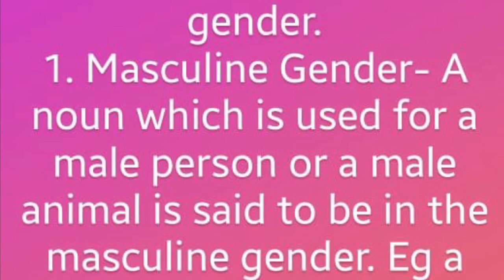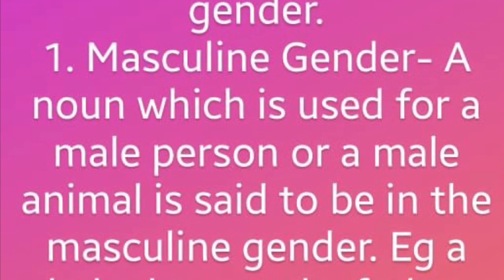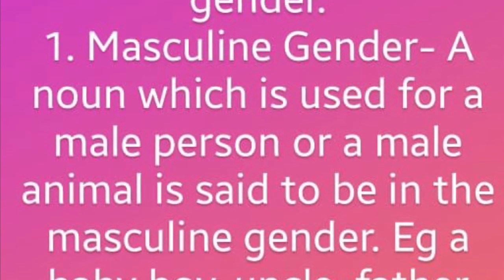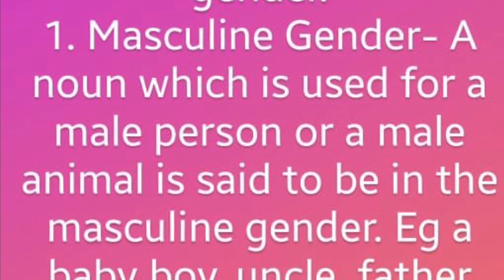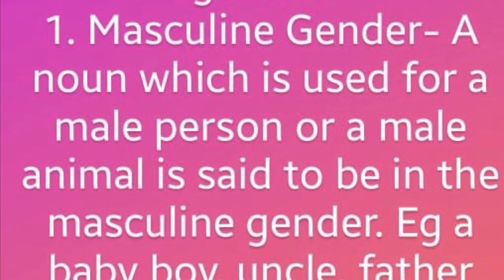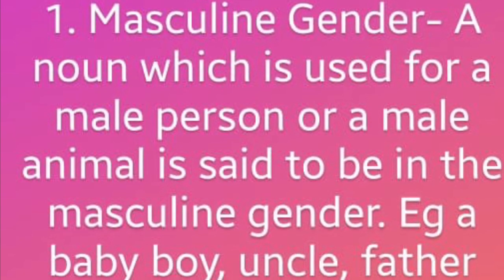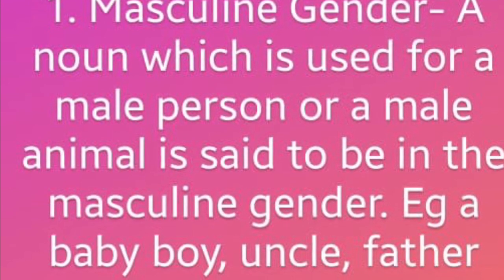Okay. So examples can be baby boy, uncle, father, etc. So masculine stands for male. Whenever we are representing a male person or a male animal, we will consider that as masculine gender. Okay. Clear? Now let's move to the second kind.